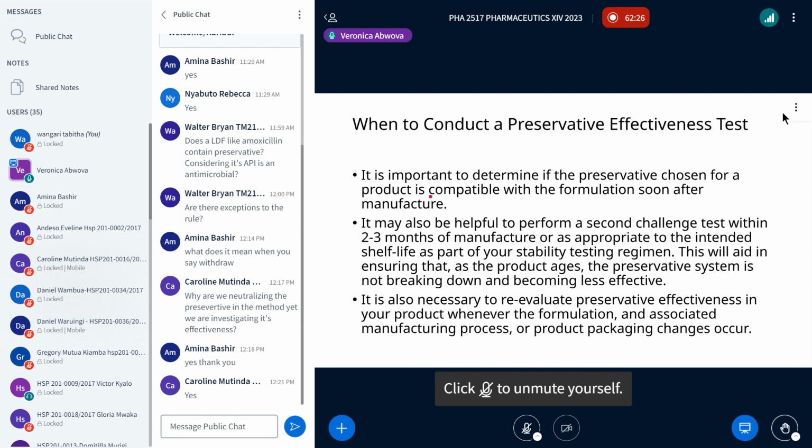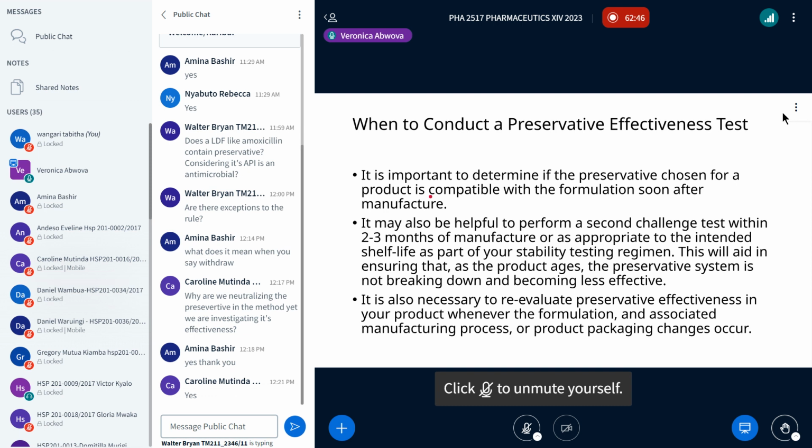These products will be tested for stability. But apart from that, you should also be able to test the preservative system, to ensure that the preservative system is also maintained throughout the shelf life of this product.